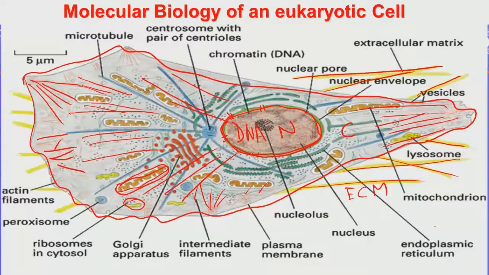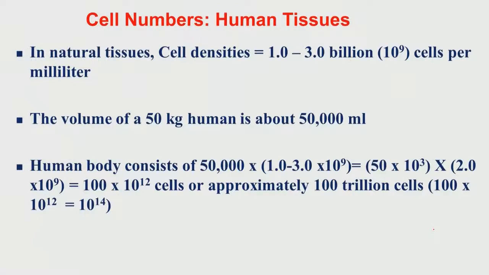Now, coming to the cell size, as I said, cells are typically 20 to 30 micron in size, and in natural tissues like in an adult human, the cell density is typically 1 to 3 billion cells per milliliter. If you consider a normal healthy person weighing 50 kg, we will have around 50,000 milliliters, and therefore the human body contains somewhere around 10 to the power 14 cells.